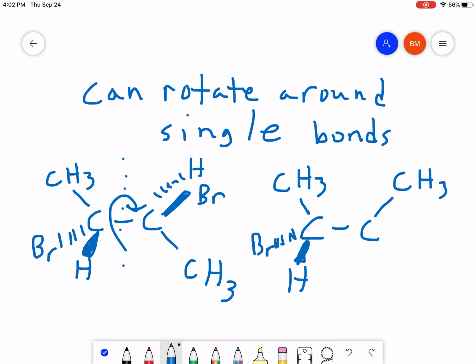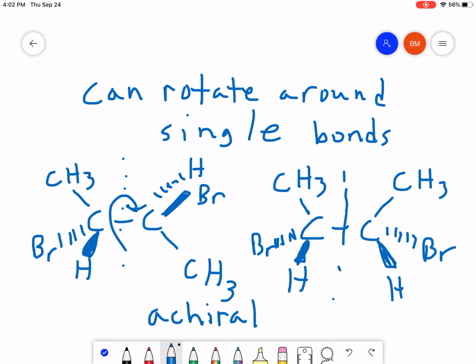Your wedge and dash would switch places. So now your H would be on a wedge going forward, and your Br would be on a dash in the back. And now, lo and behold, yeah, you can see that we can easily draw a plane of symmetry there. So this is an achiral molecule, even though it has 2 stereogenic centers.